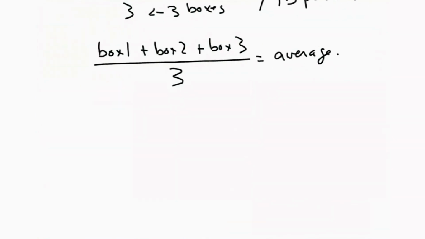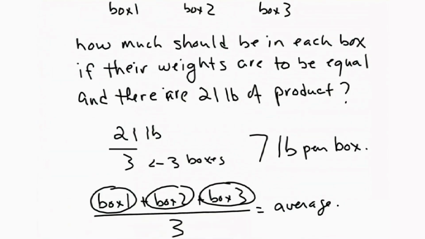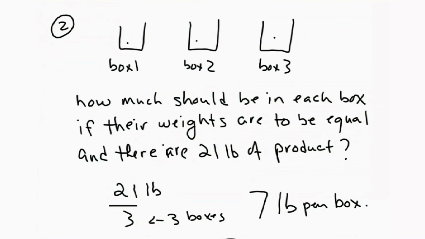And we know that they're supposed to be of equal weight, so we know that box 1 and box 2 and box 3 are all the same weight. So that's just sort of looking at averages in a little bit of a different way.